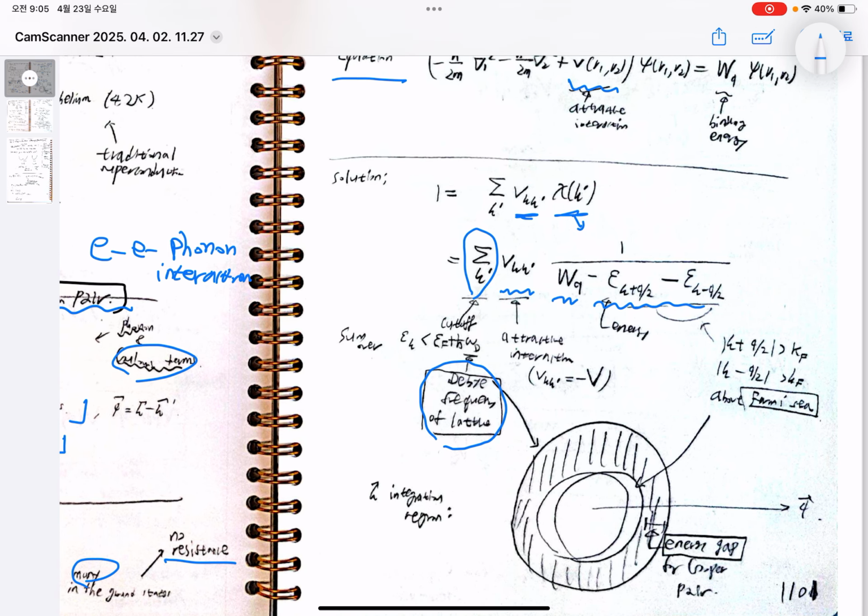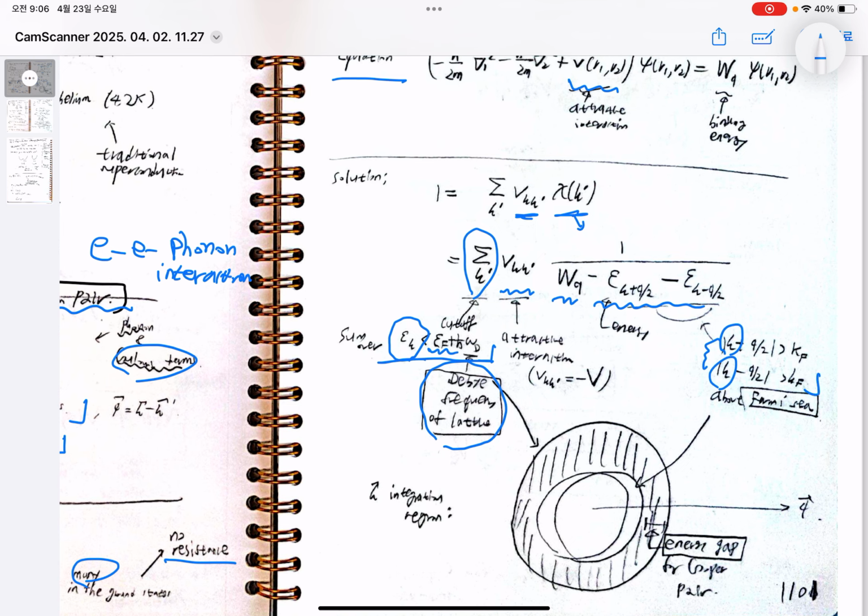And so there are two inequalities here. First of all, the summation over momenta has an upper bound related to the Debye frequency and the Fermi energy, and also the two electrons which form the Cooper pair should have slightly a deviation from the Fermi sea.